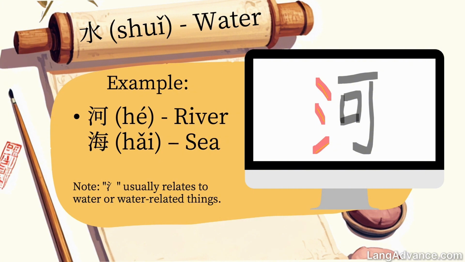So when you see words like these, as I have shown you the example, we have river, which is 河, and 海, which is sea. Both of them have water. So that's why we have this radical.